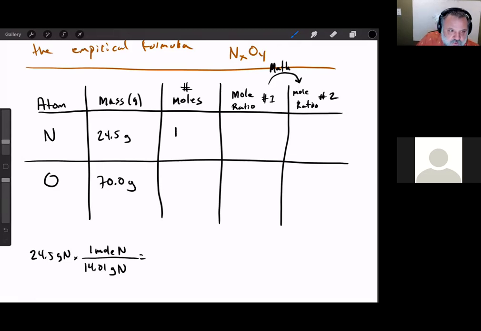So I get 1.749 moles. Same thing with oxygen, 70 divided by 16. And I'll go ahead and write it down this time. I get 1.749 mole of nitrogen.